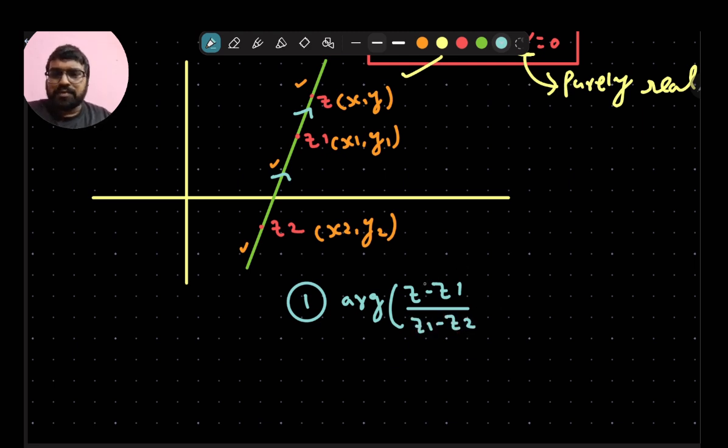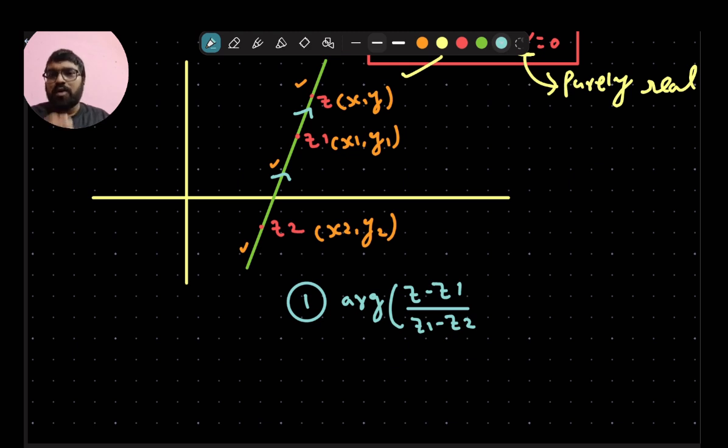I'm sure we have seen this term, the argument, while discussing in previous classes, what the argument is and how it is related, and more about the argument we have seen, specifically, in the angle between the lines.